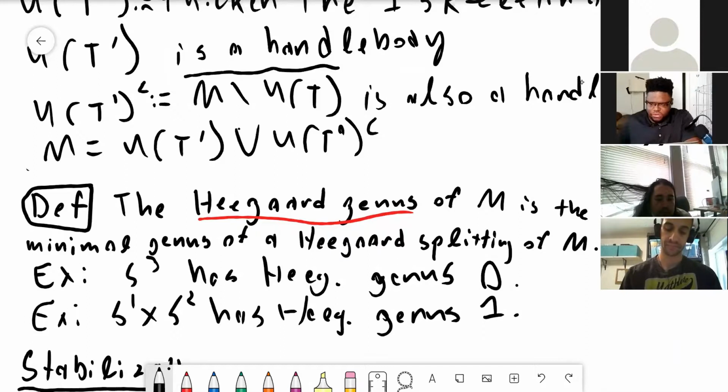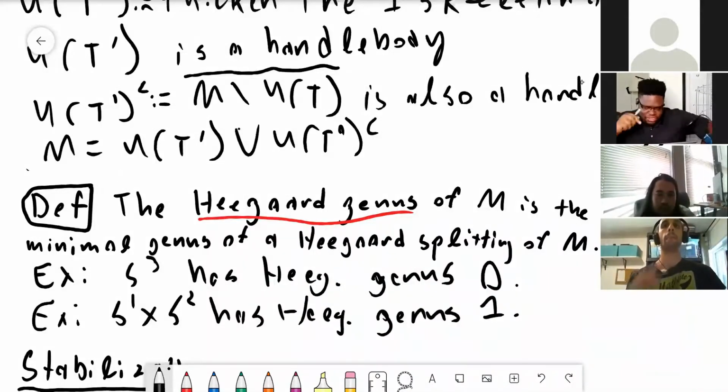All right, so typically a manifold is going to have lots and lots of Heegaard splittings. We know sometimes they can be equivalent, but of course to be equivalent, they have to have the same genus. But you can also have higher genus Heegaard splittings of the same manifold. Like for S3, we already saw one that was genus 0 and genus 1, and you can make these arbitrarily high.